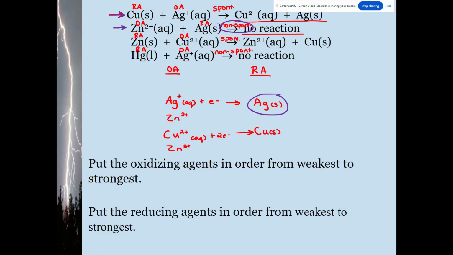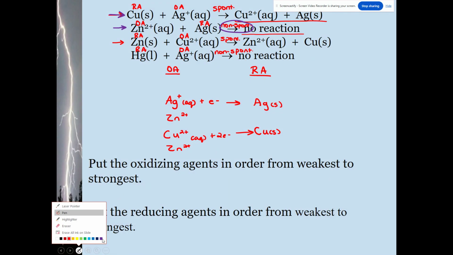I'm going to go to the next reaction and see if it gives me information to figure out where the zinc should be. Okay, so in the next reaction, I'm told zinc solid with copper ions is spontaneous. So here are my copper ions already placed on the chart.